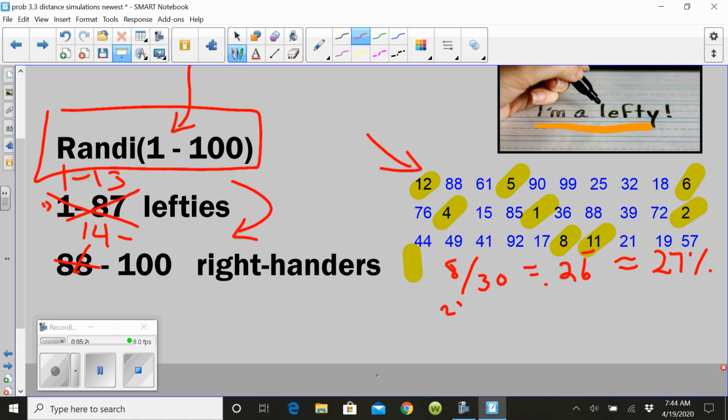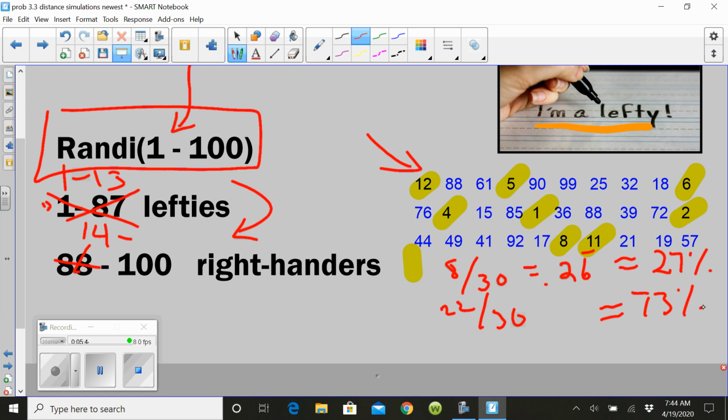The other 22 out of 30 are right-handers, and that's going to be the other 73%. And so my simulation got percentages quite a bit different than the reality.